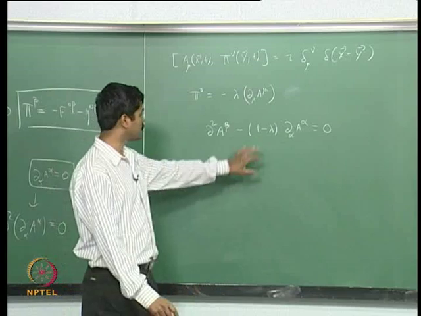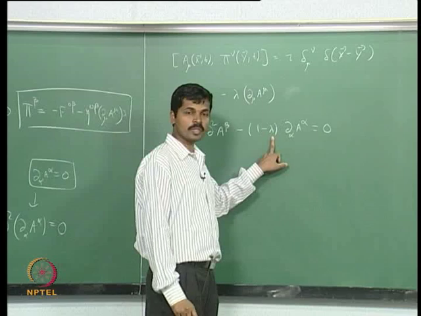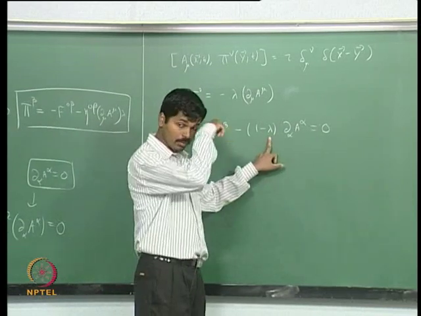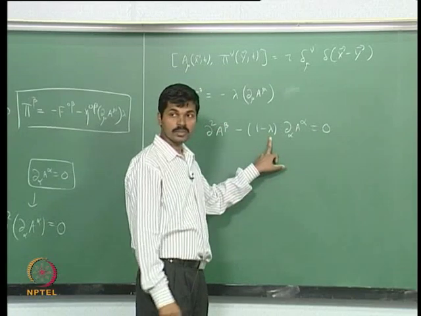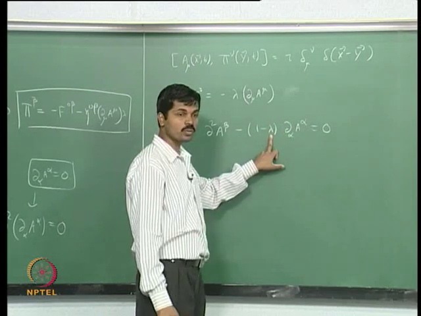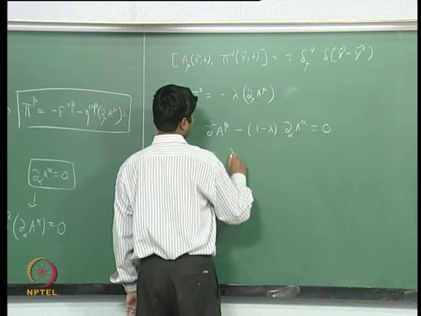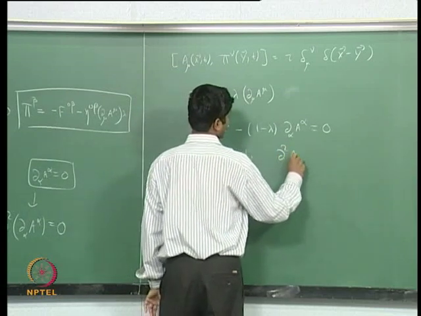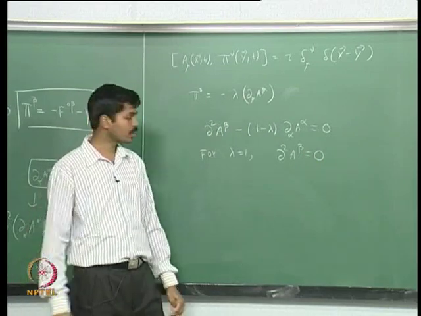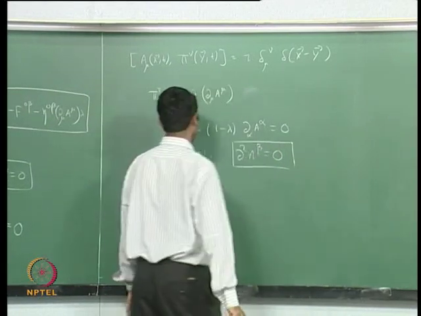As I said, although we can consider this lambda to be any arbitrary parameter, it will simplify much if we choose this parameter lambda to be 1, because when we restrict ourselves to the choice lambda equal to 1, then the equation of motion becomes del square A beta equal to 0, and we know how to handle this equation. So, we will solve this equation.